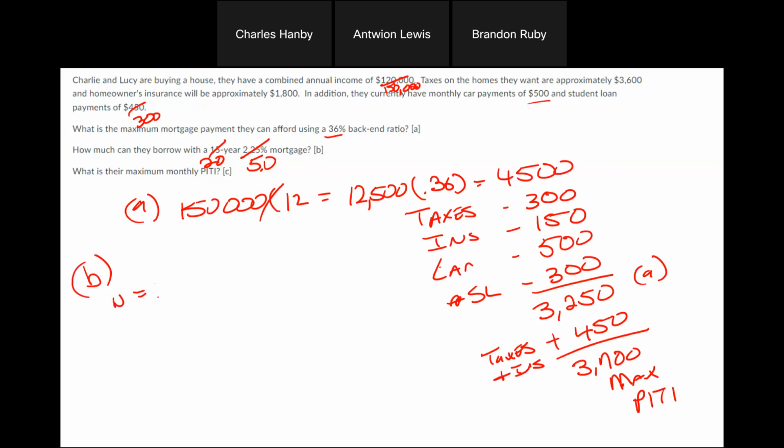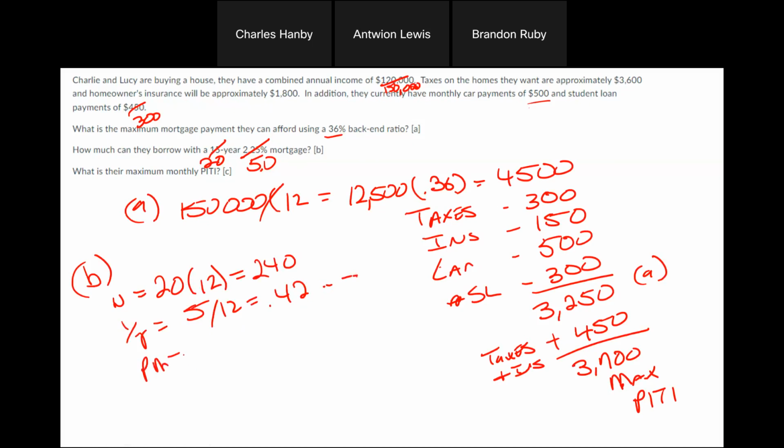So 20-year mortgage. Now how much can they borrow? 20 times 12 is 240 months. That's a 5% mortgage. So 5 divided by 12, that's 0.42. And again, you do the calculation and press enter, because if you don't, you're going to get a rounding error here.